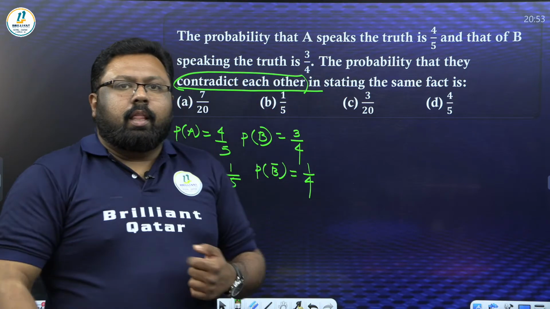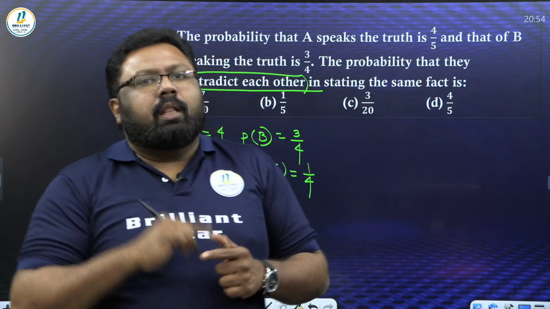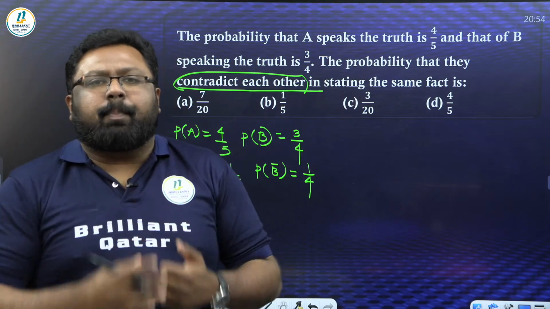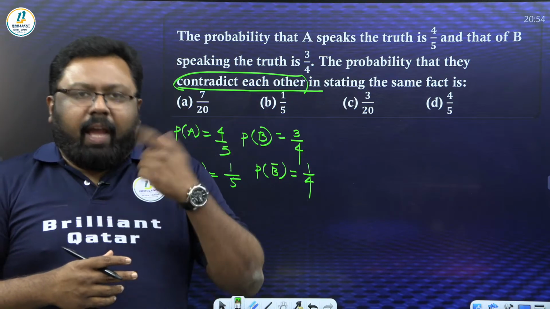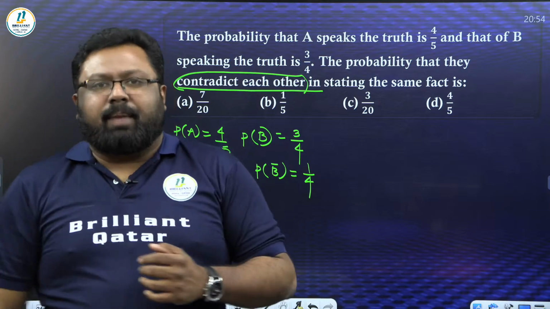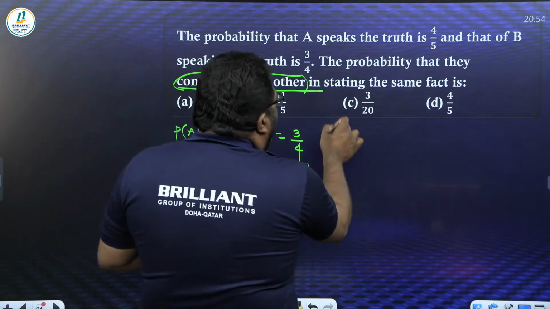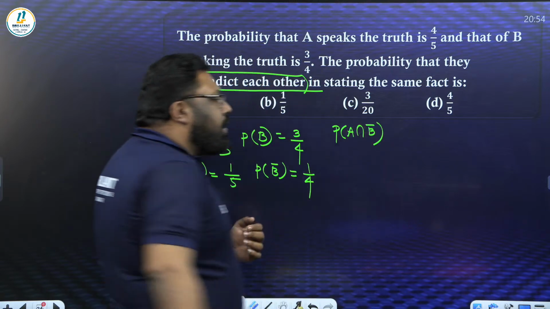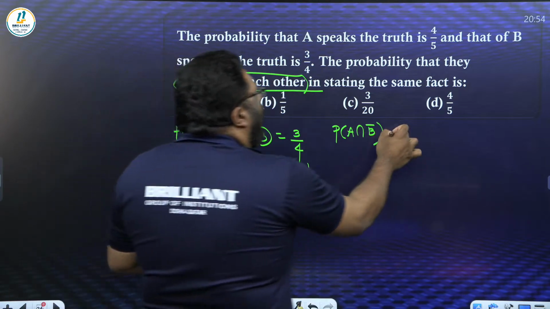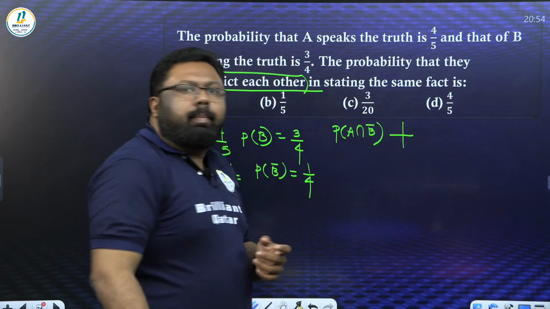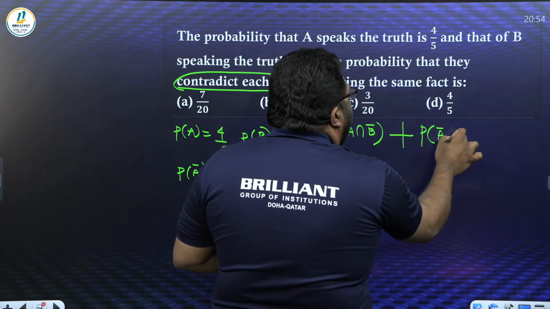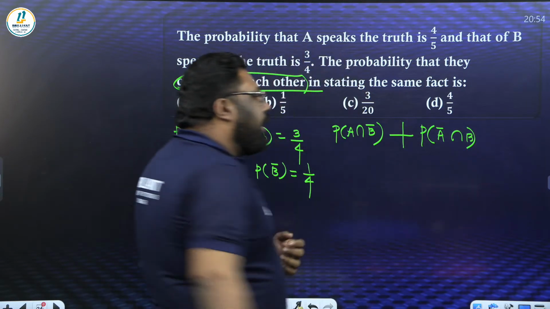Contradict means one person says something, the other person says the opposite of it. So if I ask them about a particular situation, if A speaks the truth, then B must speak the lie. So contradiction means A speaks truth and B does not. Or means plus. A does not speak the truth and B speaks the truth.